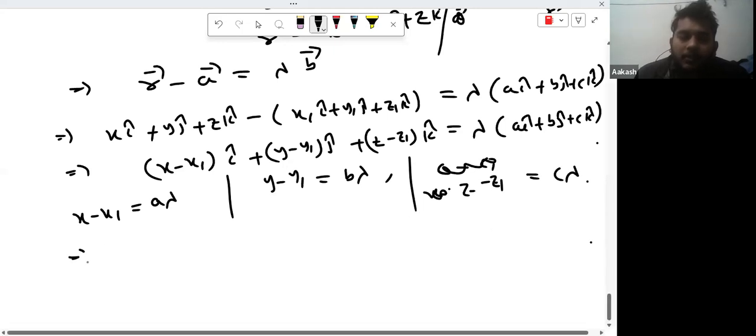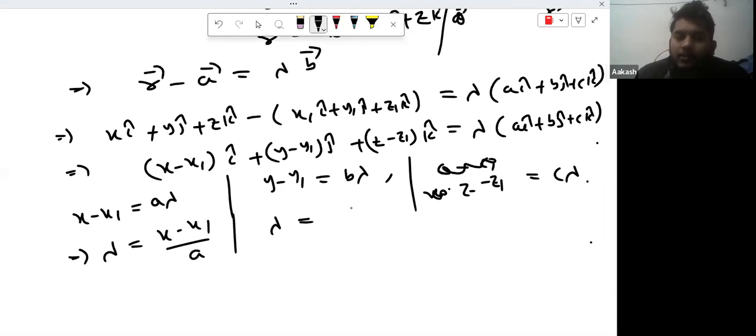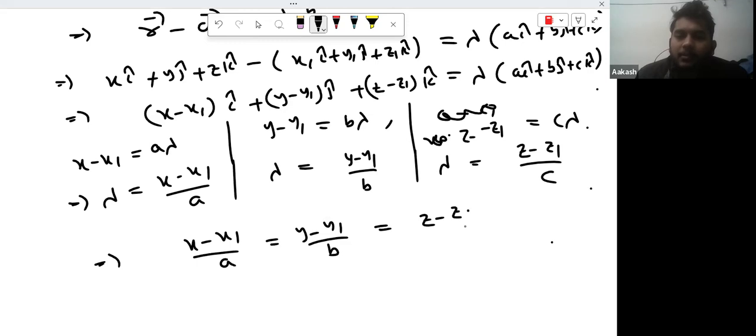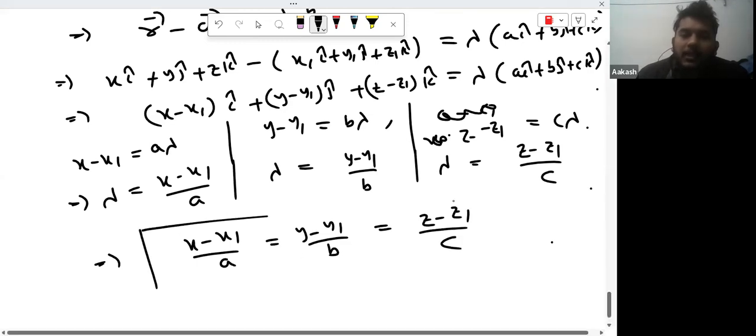Okay, so from here we can figure out lambda is x minus x1 upon a. Here also lambda is y minus y1 upon b, and here lambda is z minus z1 upon c. So if all three are equal to lambda, we can say x minus x1 upon a is equal to y minus y1 upon b is equal to z minus z1 upon c. This is the equation of line in 3D.